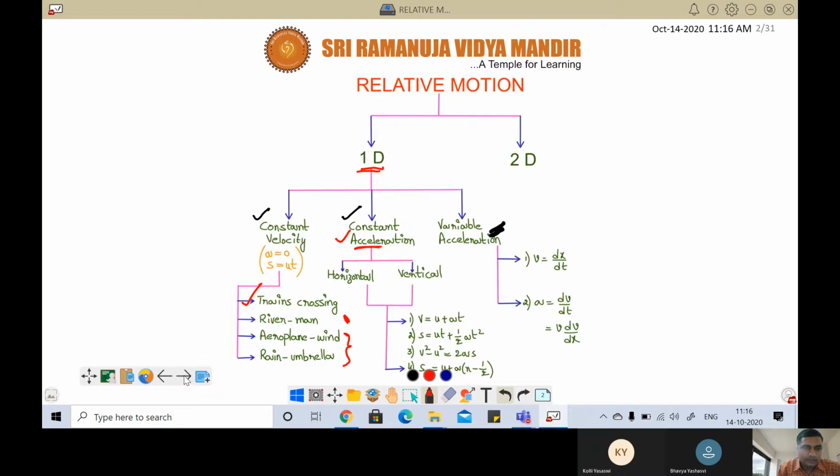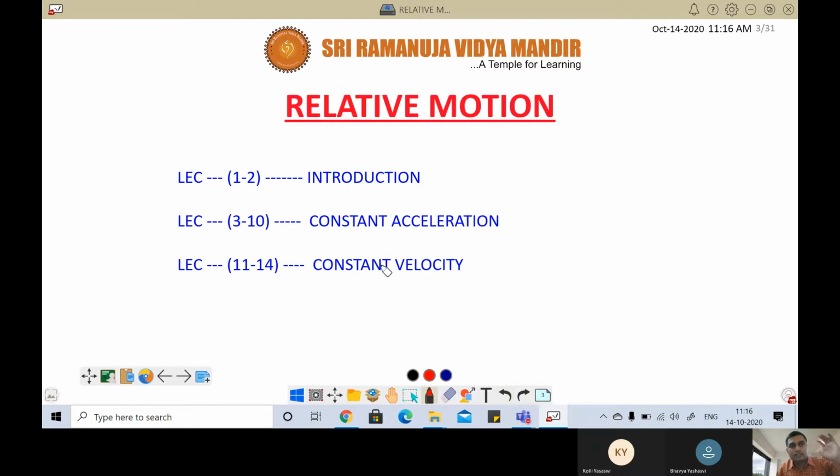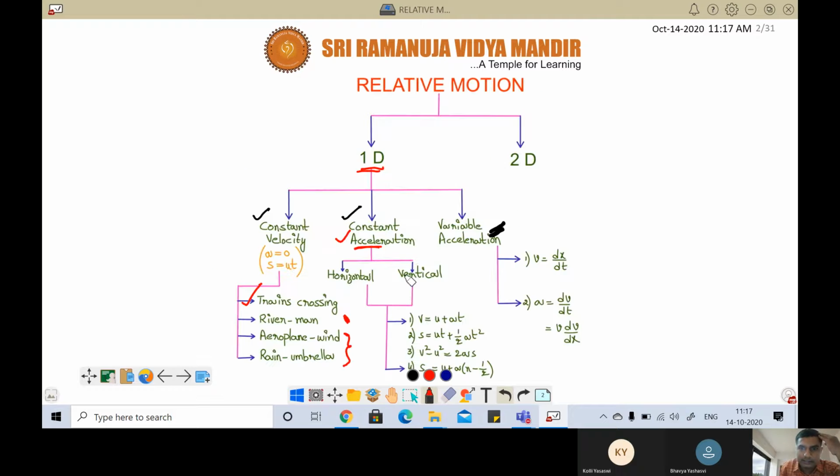If you see relative motion, in the first two lectures I gave you the introduction: what is meant by relative velocity, the definition, and the important definitions. Lectures 3 to 10 I covered on constant acceleration, horizontal for some lectures and vertical for some lectures.